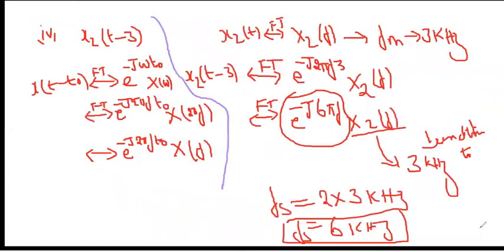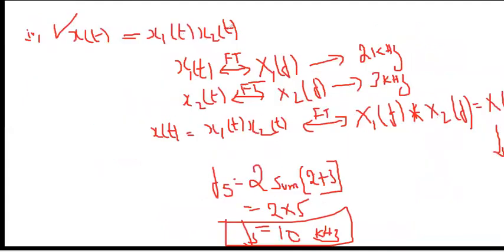Okay, my dear students. Now, it is a product of x1 of t and x2 of t. Product means the sampling frequency of x of t is 2 into the sum of F1 and F2.